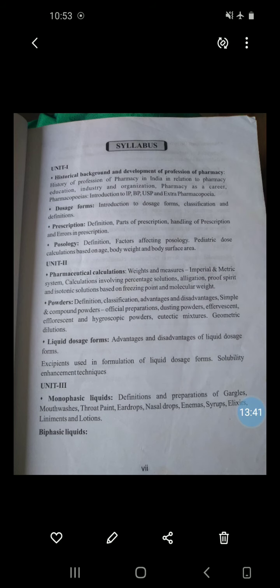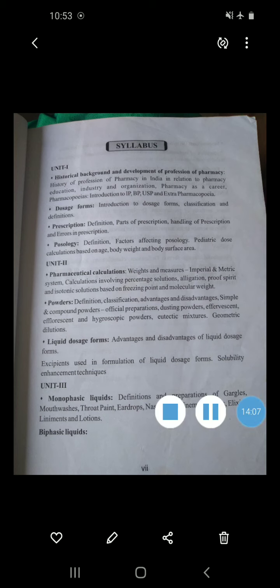So this is all about experiment number 1, that is to prepare, evaluate and submit 20 ml of simple syrup IP. What is the use of this formulation? That is pharmaceutical aid. How to write the result? Thus the 20 ml of simple syrup IP was prepared, evaluated and submitted successfully. Okay, I will stop here.